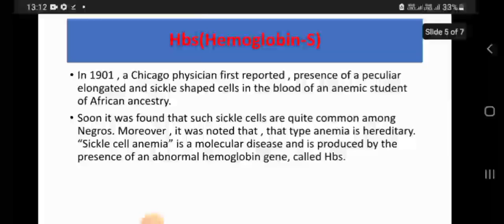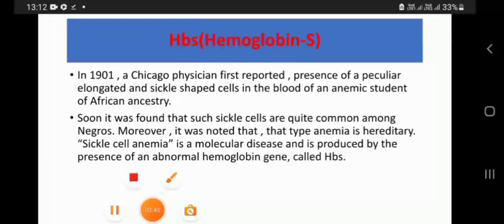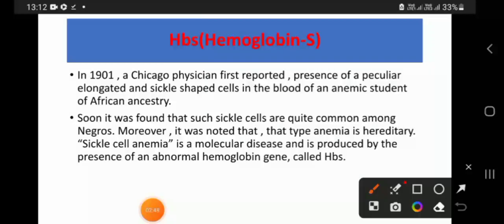Hemoglobin S. In 1901, a Chicago physician first reported the presence of a peculiar elongated sickle-shaped cell in the blood of an anemic student of African ancestry.